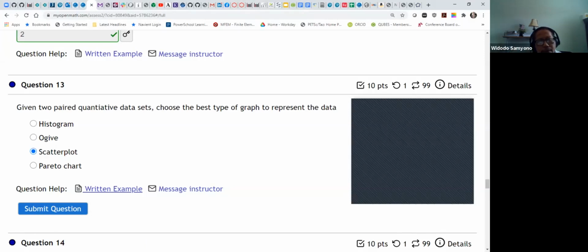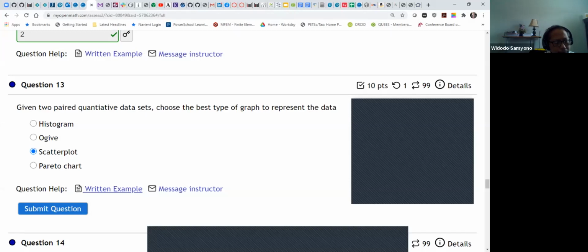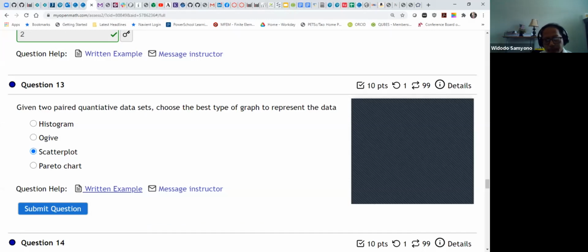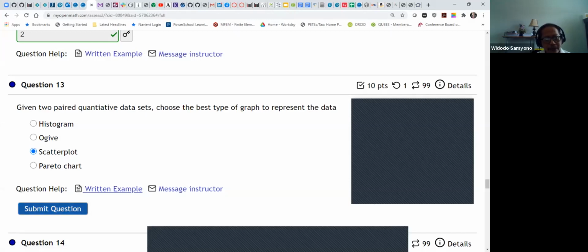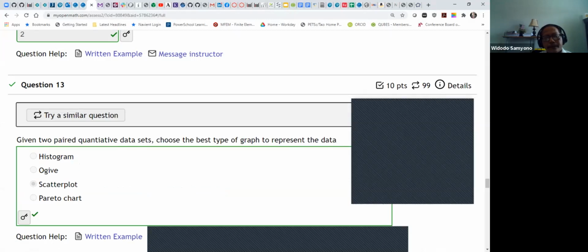So you can see the correlation between those two and represent it as a scatter plot. A scatter plot is the plot of the pairs of those two values, like the year and also the cost of the car. So usually the older the car is, the lower the price will be, right? You can see something like that. Let me see if the answer is correct or not. Okay, so the answer is correct.